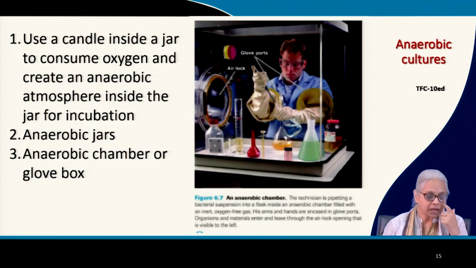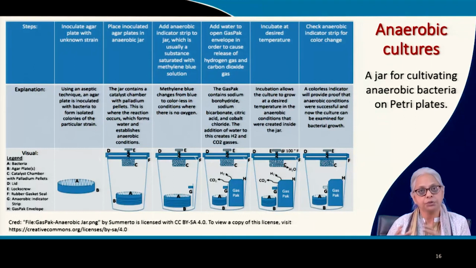I then come to anaerobic jars, which is for small scale experiments using jars. In the first case, you inoculate the agar plate with whatever anaerobic bacteria you have and place them in an anaerobic jar. An indicator strip is part of the jar. These are commercially available setups and they are generally saturated with methylene blue.